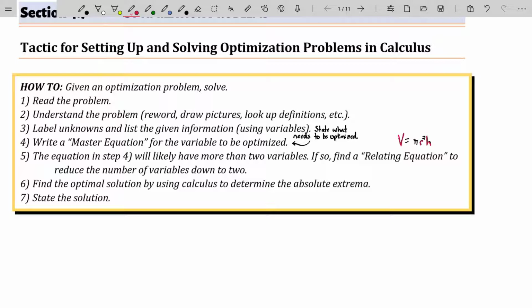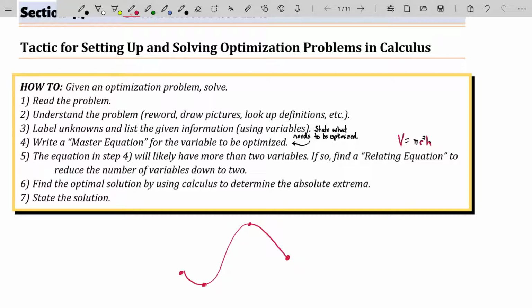Remember earlier in our video series, when we were finding absolute extrema, we were testing both the endpoints of this closed interval for this continuous function we were handed, and then finding the critical numbers and testing the function at those critical numbers. Whatever the greatest value was, that was the absolute maximum, and whatever the smallest value was, that was the absolute minimum.